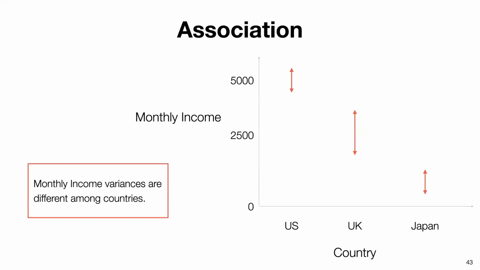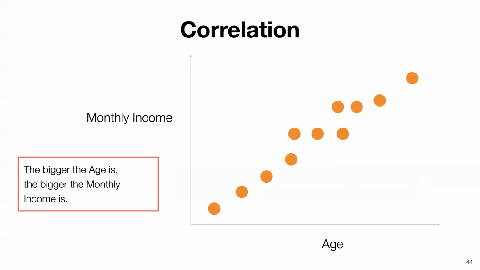For example, with association, say there are countries like the US, the UK, and Japan, and employees in each country have a different range of monthly income. This is a relationship between country and monthly income, and that's called association.